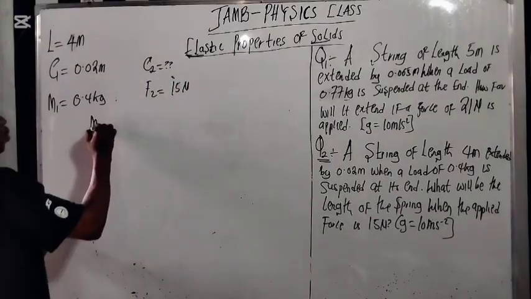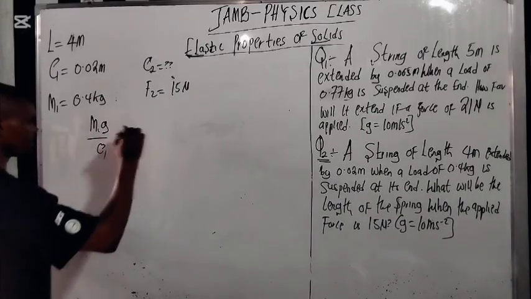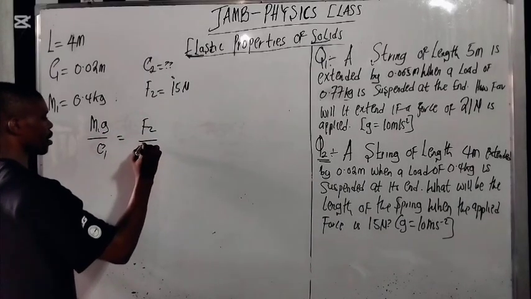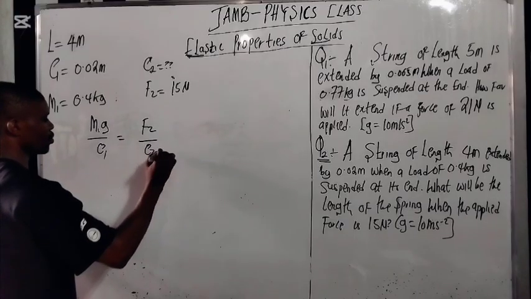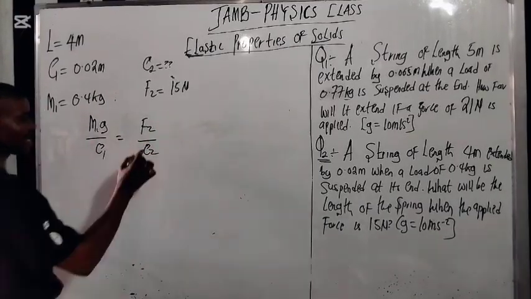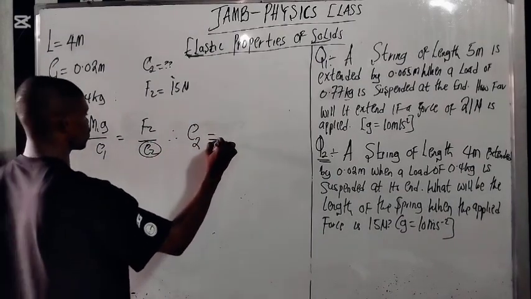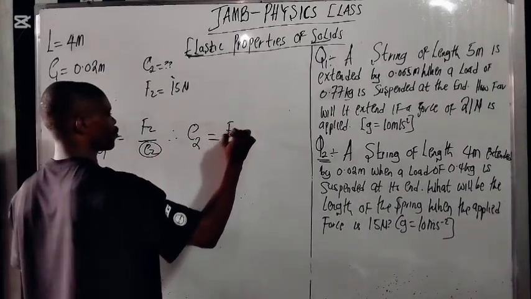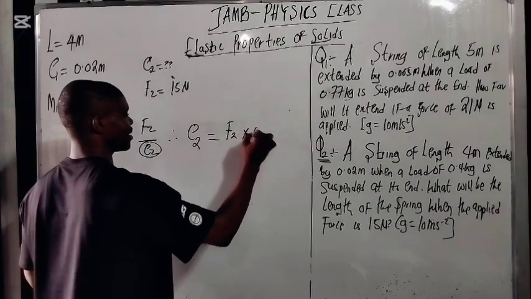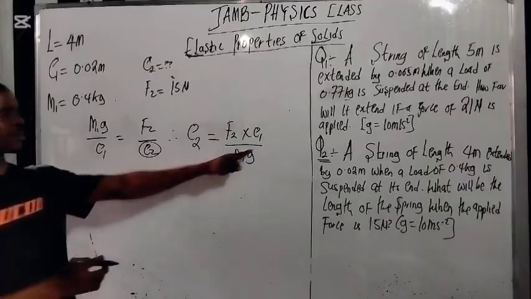So M1G over E1 equals F2 over E2. This is the formula we are using here. If you make E2 the subject of the formula, you have E2 equals F2 times E1 over M1G.